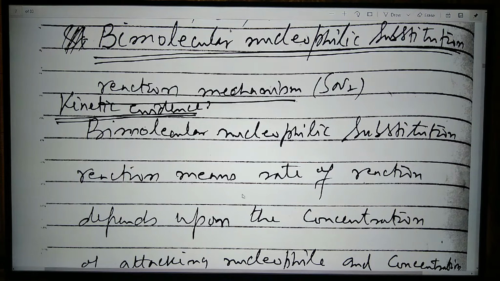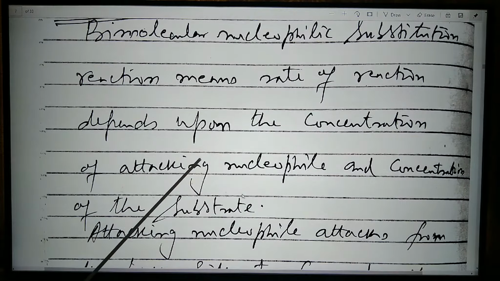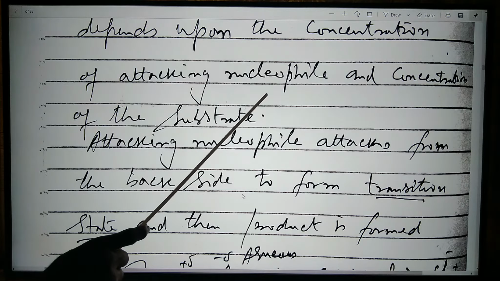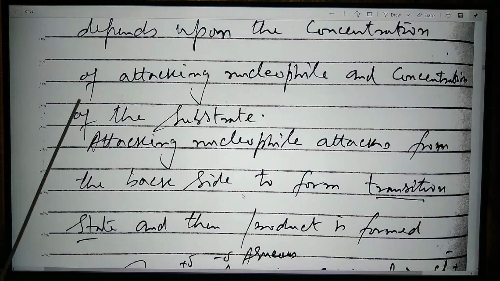So in this case, the kinetic evidence: bimolecular nucleophilic substitution reaction means the rate of reaction depends upon the concentration of the attacking nucleophile as well as the concentration of the substrate. That is why it is called bimolecular.